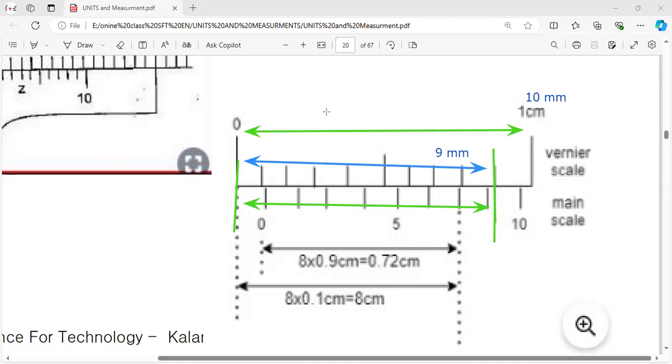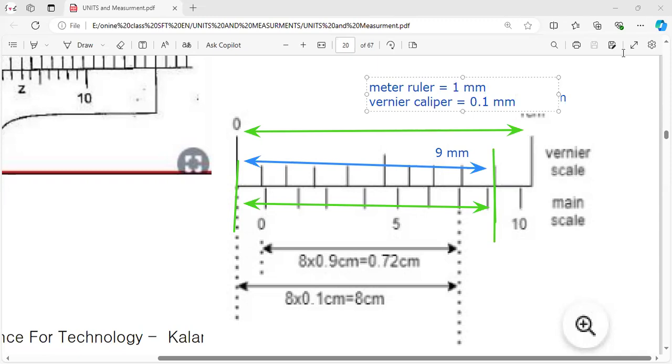With that concept, we can actually measure up to 0.1 millimeter accuracy, which means the least count. For a usual meter ruler, what is the least count? The meter ruler least count is 1 millimeter. However, if you are using the vernier concept, especially the vernier caliper, it is going to be 0.1 millimeters.